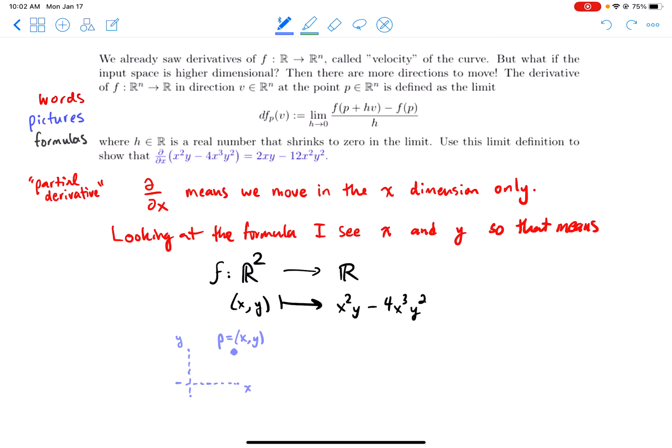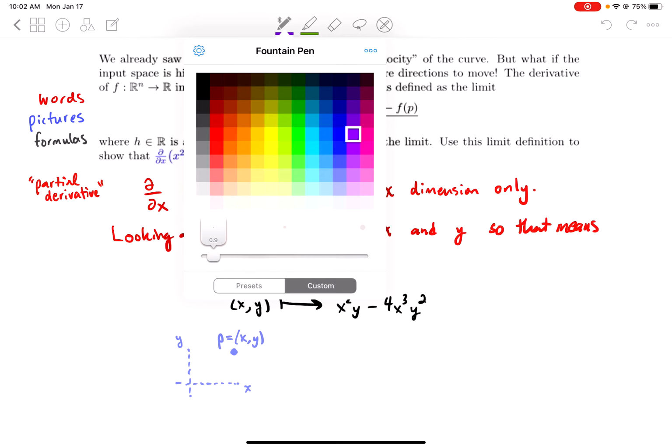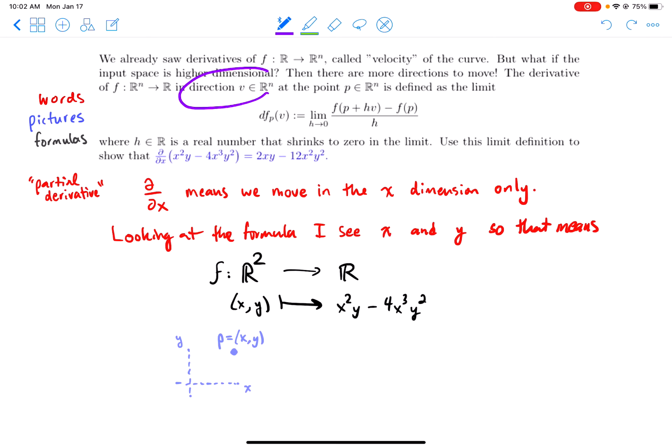And then where are we going to move? Because remember, we need to move in some direction. But now we could move that way, we could move that way, we could move that way, we could go that way, we could move that way. Well, all those are more complicated. We will learn how to move in those directions later. But for now, we're just going to move purely along the x dimension.